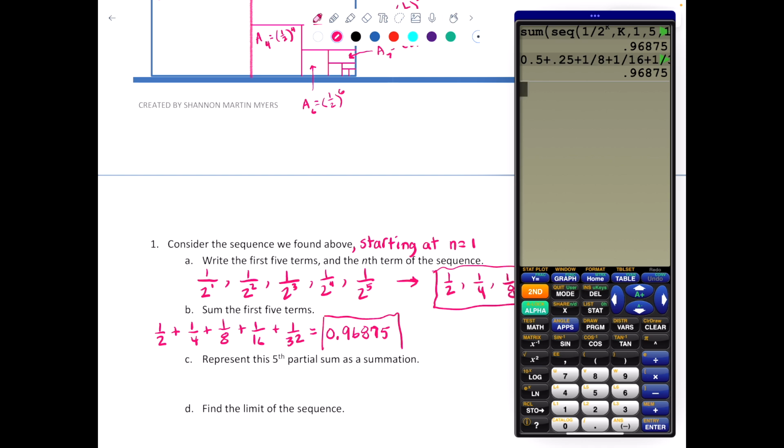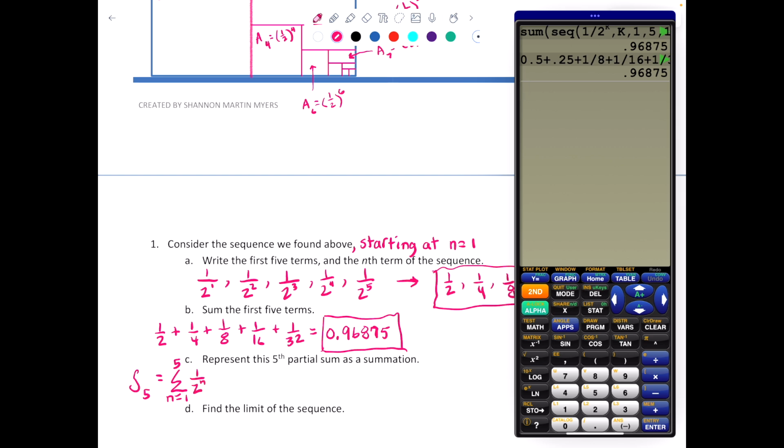And so, represent this fifth partial sum as a summation. If we go to the summation, and if we put it in terms of n again, this is actually our fifth partial sum, which would be equal to the summation as n goes from 1 to 5 of 1/2 to the n.